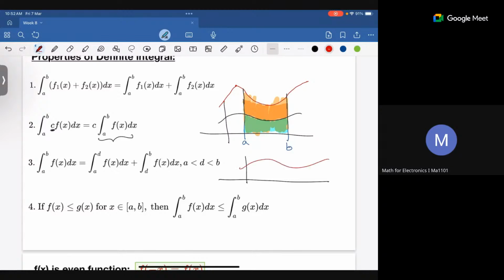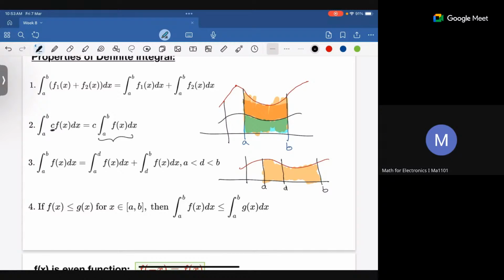So you have f of x like this, and let's say this is a and this is b. This definite integral is nothing but the area under the curve, right? So this left hand side, a to b of f of x, is this whole thing. And if you choose some point d, you are splitting this whole region into two regions.